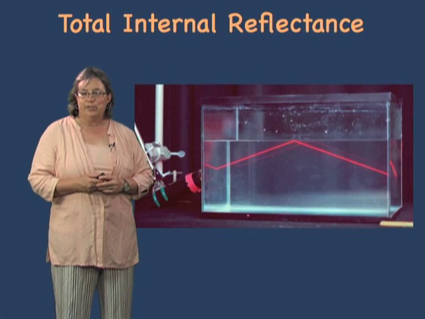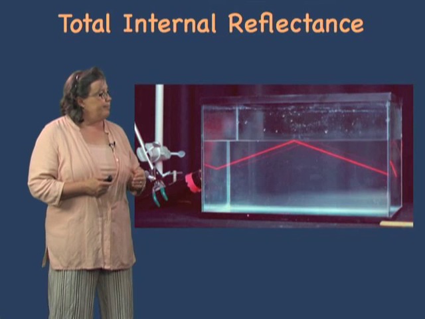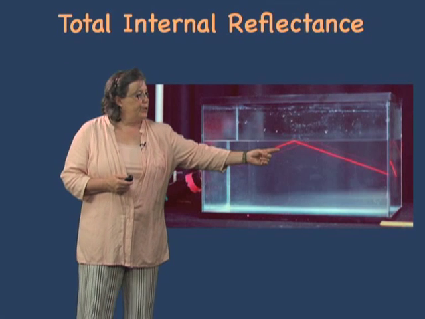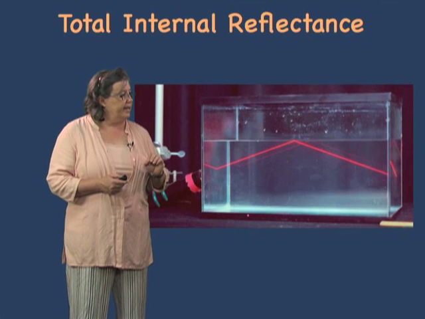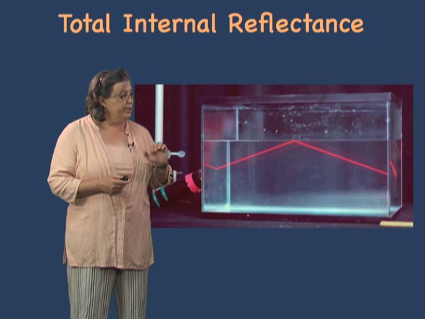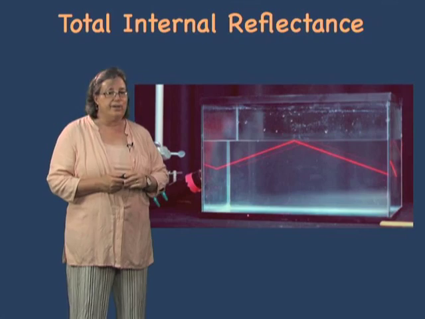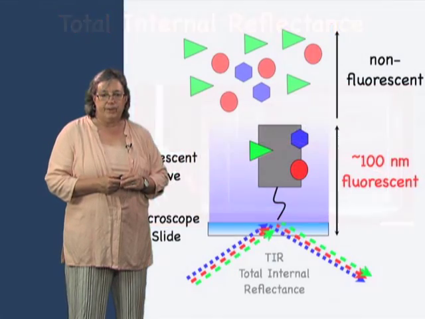That's called total internal reflectance. Except right at the point where the laser contacts, there is a little bit of energy that goes to the other side called the evanescent wave.